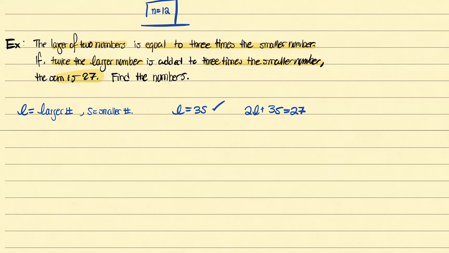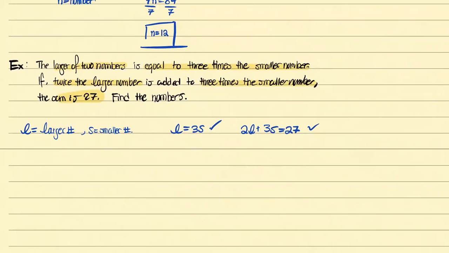And if you look right here, this is very important. If you have two unknowns, you need at least as many equations to solve for them. So if I have two unknowns, I need two equations to solve for both of them.